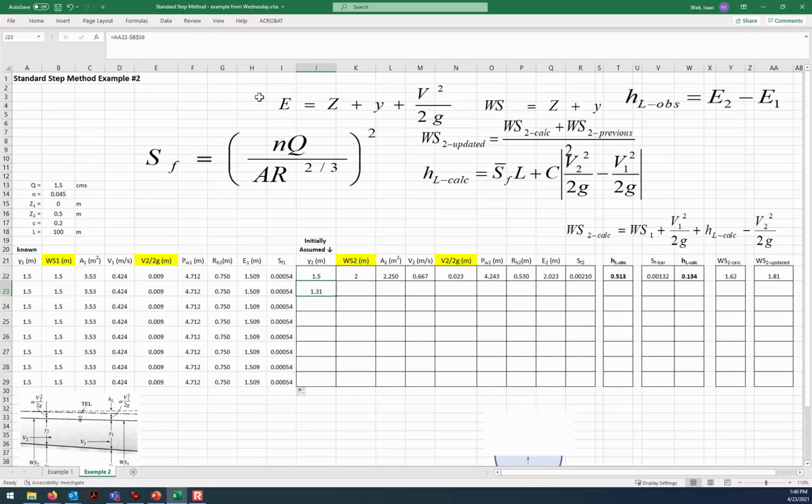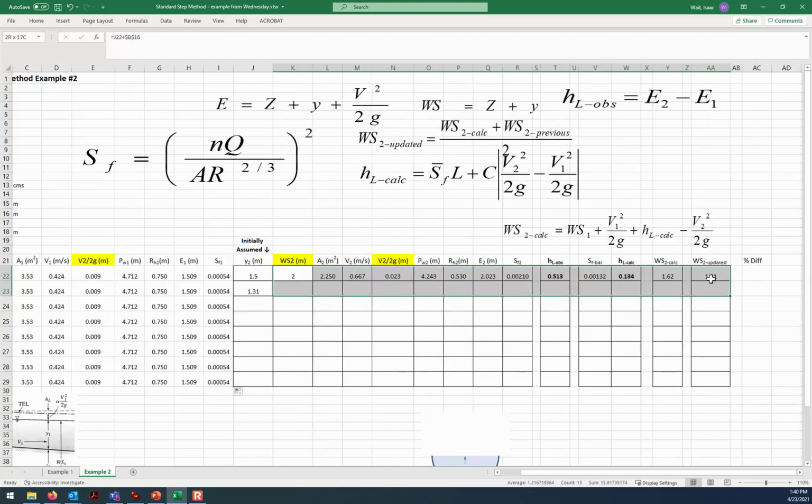Okay, so this is our newer guess of the depth at 2. And with all of the rest of these, I can just drag it down. And I guess I never had my convergence indicator calculated, this percent difference.